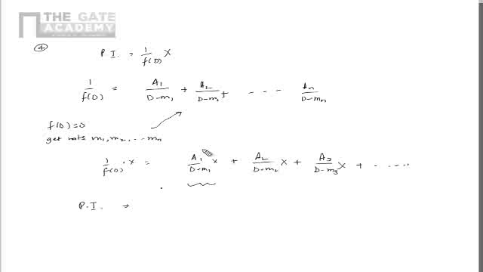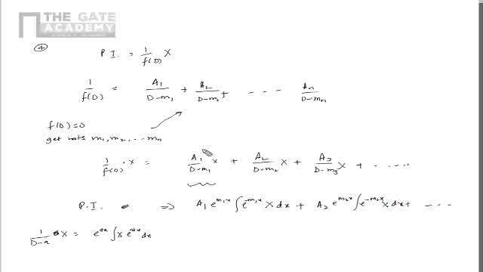Now we have to use property 3, which we derived some time back, that 1 by (D minus a) of capital X is basically e power ax integral of X e power minus ax dx. In the same way, each of these terms is a1 e power m1x integral e power minus m1x capital X dx, plus similarly the second term a2 e power m2x integral e power minus m2x X dx, and so on for all the terms.